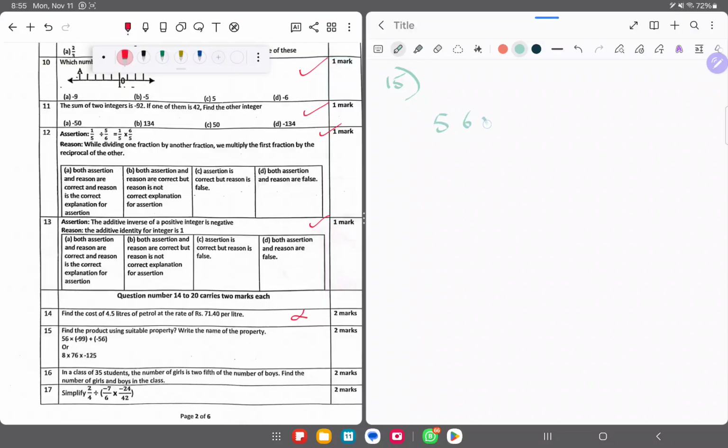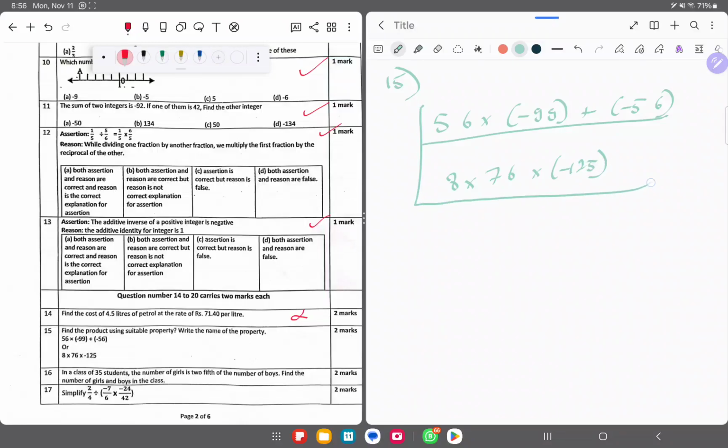Okay, 56 times 99 plus minus 56. That's the first one. The second one is 8 times 76 times minus 125. Let's consider this the first one and this the second. She wants the name of the property, so let's call them A and B.